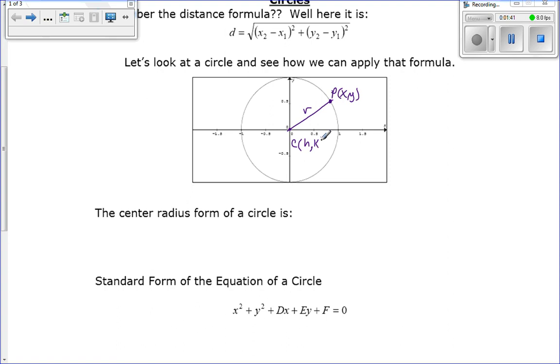Now this is something we did back in geometry. So CP is equal to the square root of, if I substitute into my formula, (x minus h) squared plus (y minus k) squared. CP is just the radius.